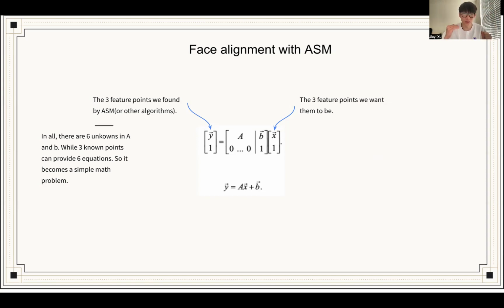With these three pairs of points, we can create six equations. The six equations will help us solve all six unknowns in matrix A and vector B. So now we can understand everything here. We have the transformation function. We know A and we know B, and now we can do the same thing to every single face by using this function.